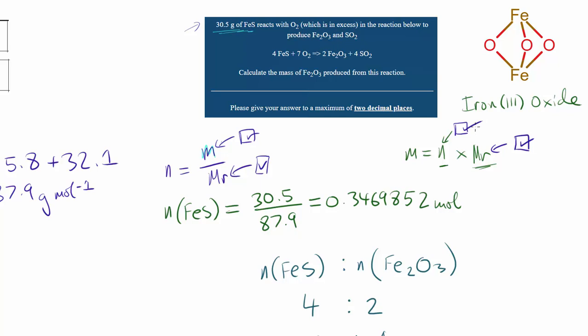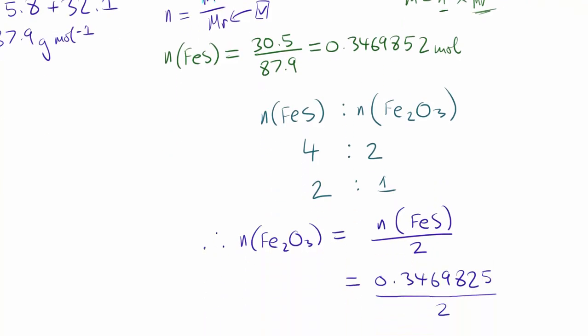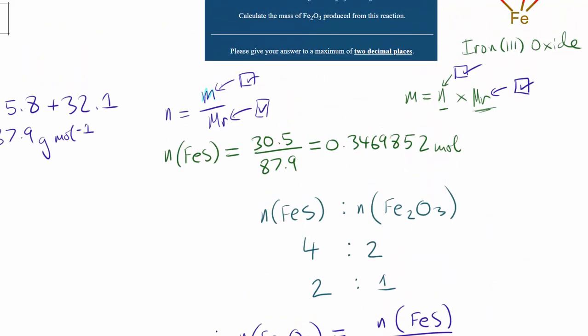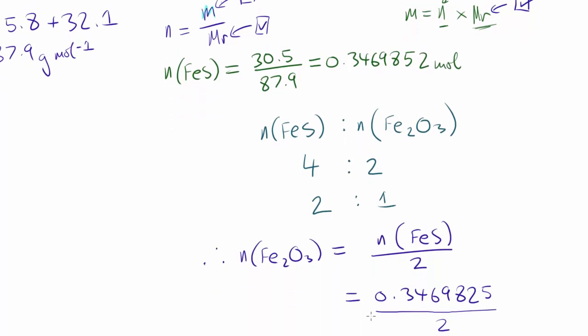So at this stage, we simply need to multiply these two values to work out the mass of the Fe₂O₃, right? Now, although I said it's straightforward to get the molar mass, we didn't actually calculate it. So we're going to do that now, all right?